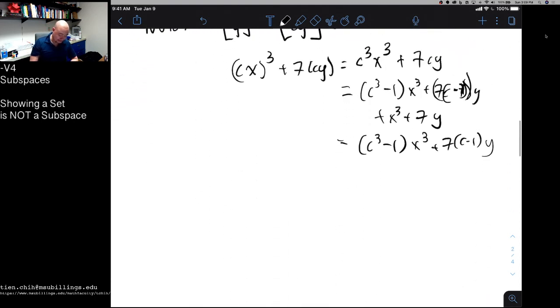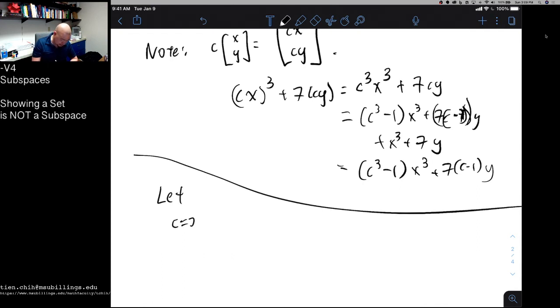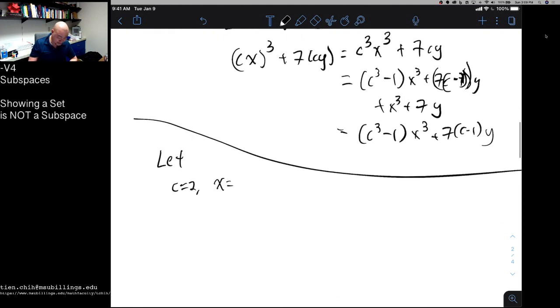So again, if we want to show this more concretely, we could let c be 2, and our vector (x, y) is going to be (1, -1/7), as we've had before.